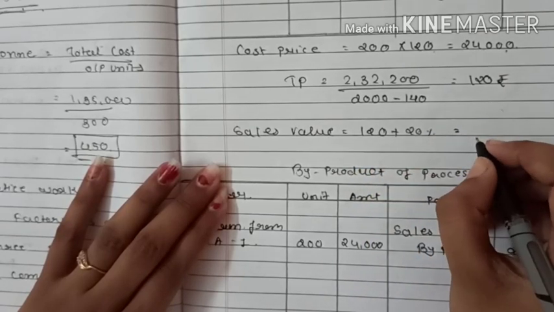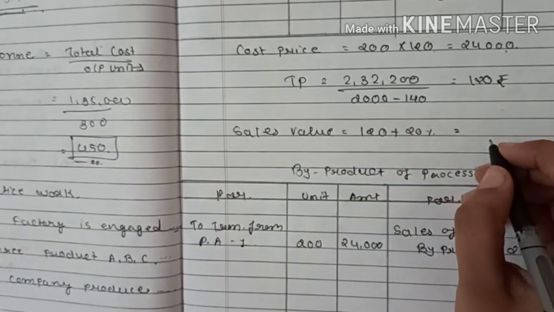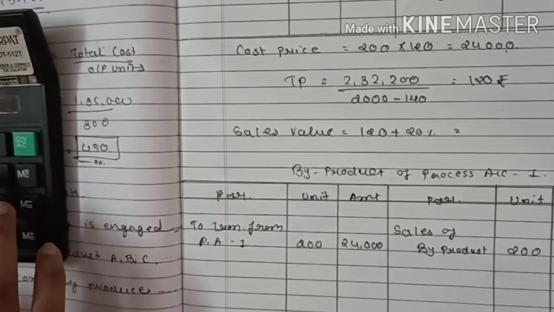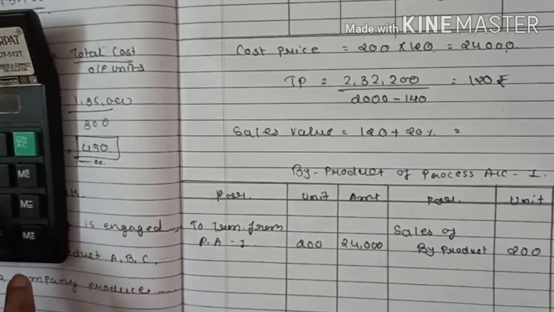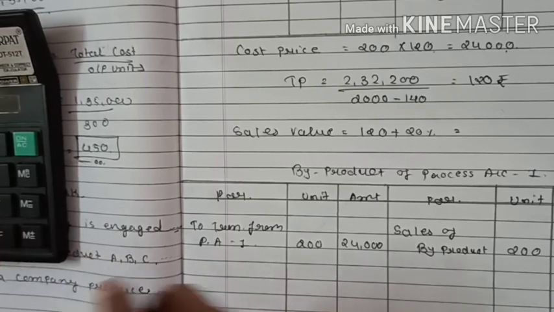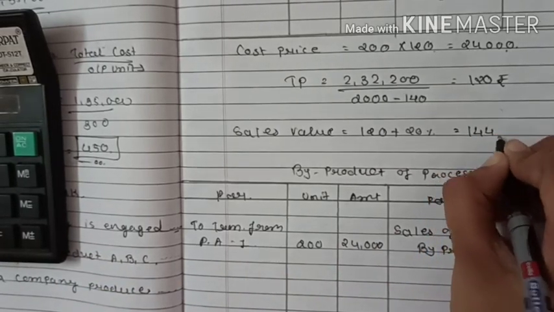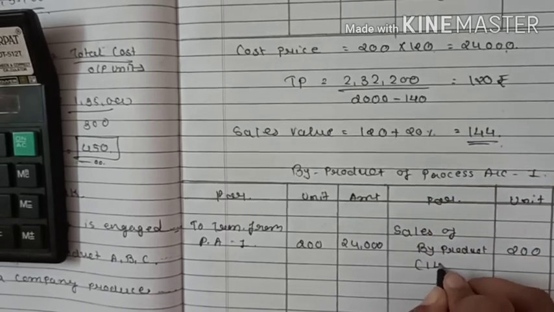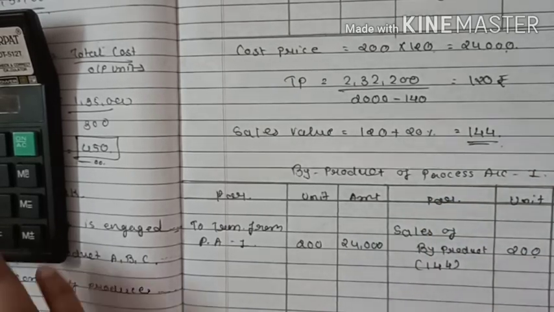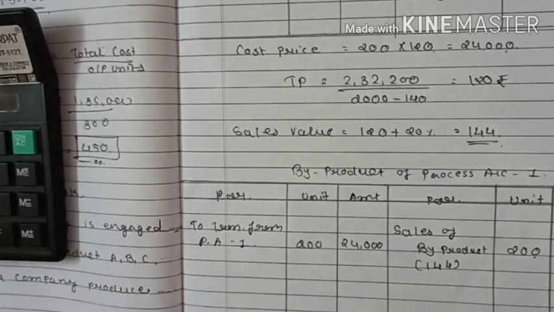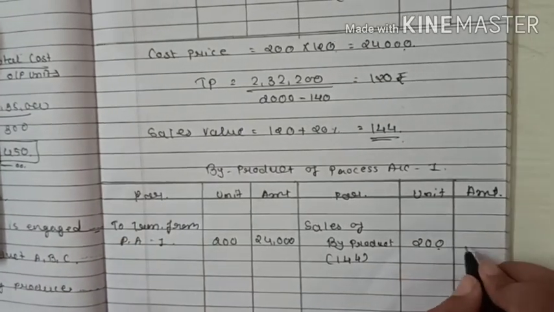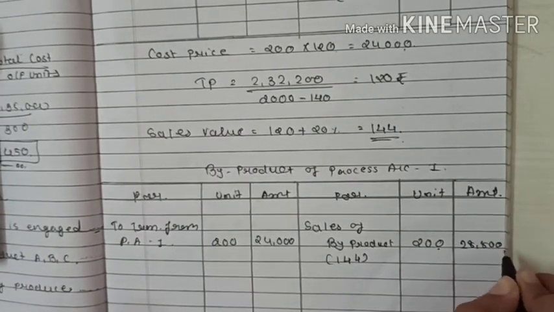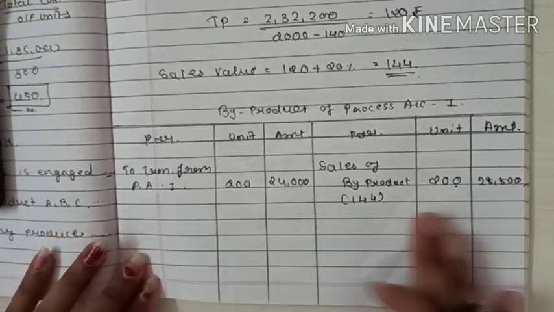Answer is 120 plus 20%, we got 144. Price is 144. So 144 into 200, we get 28,800. Let's close the account.